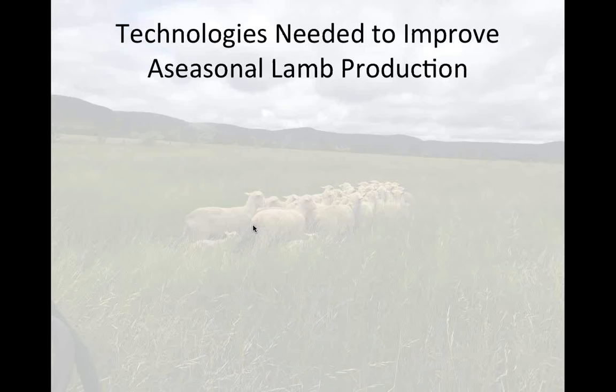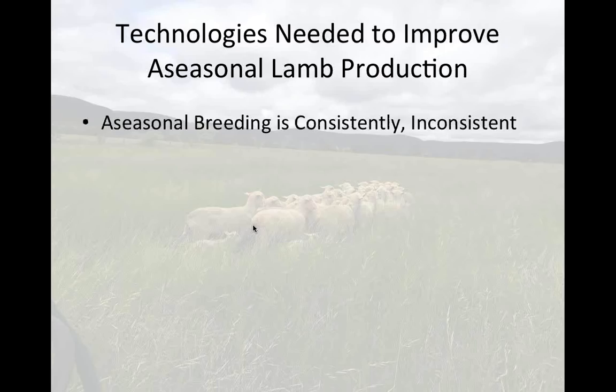So as we dig into what technologies are needed, if our industry is going to move towards more aseasonally produced lambs, what technologies would help us get there faster? One thing that is true is aseasonal breeding is consistently inconsistent. Within the white paper, we went through and covered some case studies of successful breeders that have moved to aseasonal lamb production.